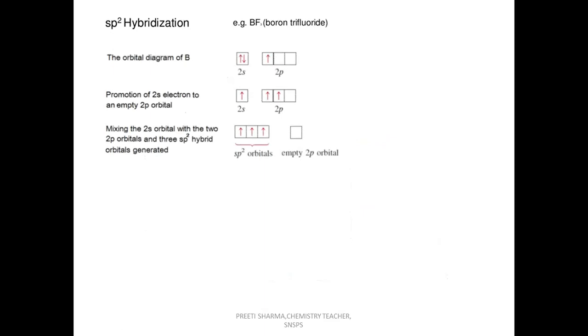Here we have only one half-filled or unhybridized electron in the 2p shell, but three atoms have to be combined, three fluorine atoms, right? So it means three half-filled orbitals are needed. So promotion occurs.